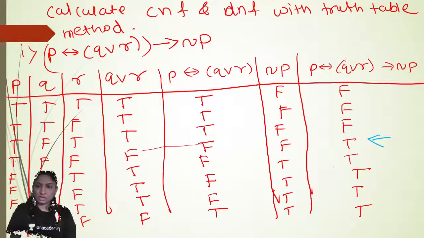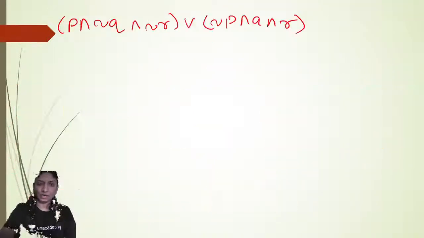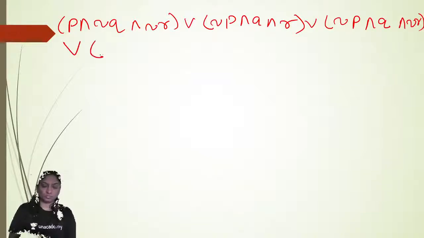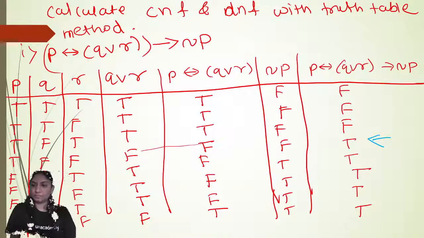The next T, you will get corresponding values are negation of P, Q, negation of R, right? So or here you will get negation of P and Q and negation of R. Or. Next is, so here we will get negation of P, negation of Q and R.